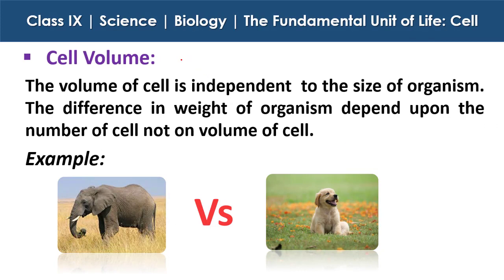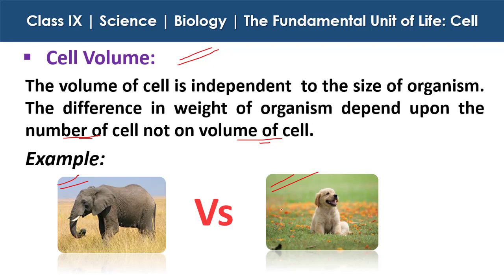Next is cell volume. The volume or the weight of a cell is independent of the size of the organism. The difference in weight of organisms depends upon the number of cells present in them, not on the volume of cells. Thus, we can say that the cells of an elephant are not necessarily larger than those of a cat or a dog.